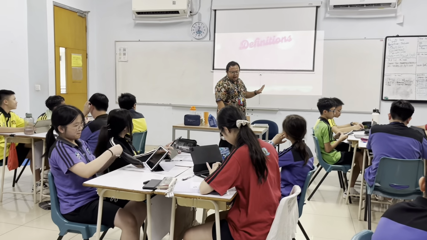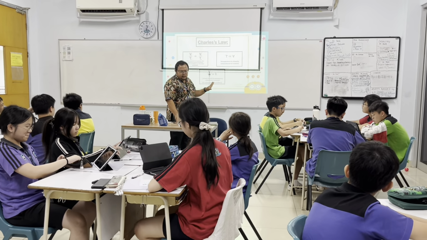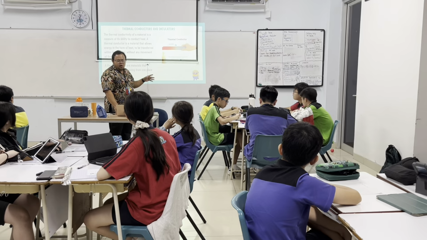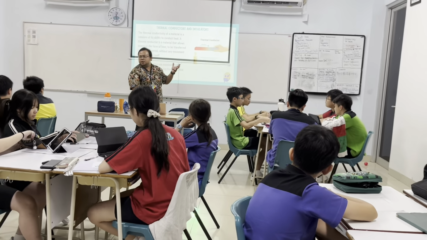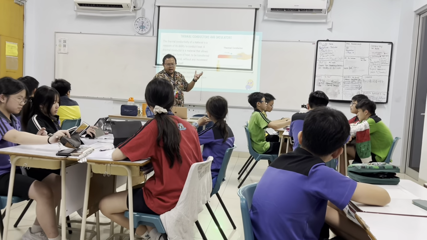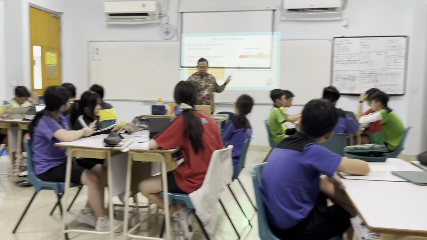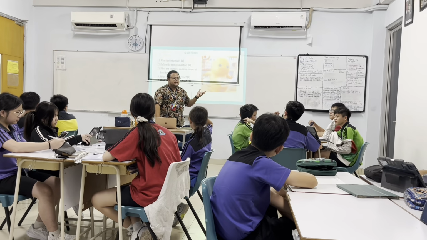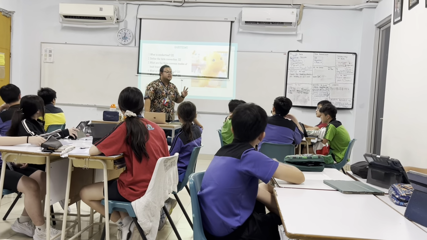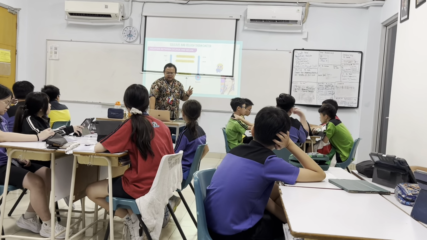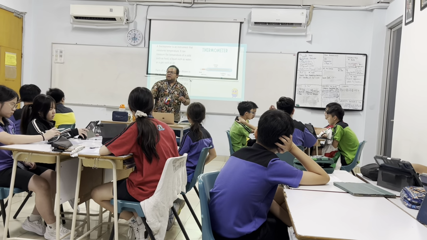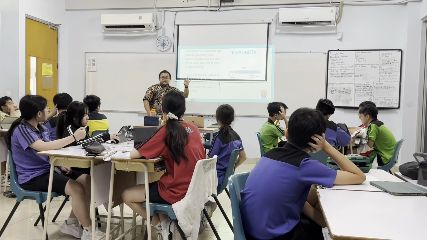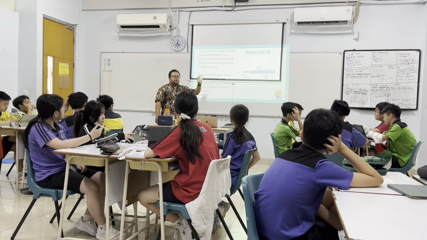In the previous meeting, we learned about the thermometer and how to convert Celsius to Kelvin. To convert Celsius to Kelvin, we add 273, right? And then, anyone still remember how we measure the temperature using a thermometer?